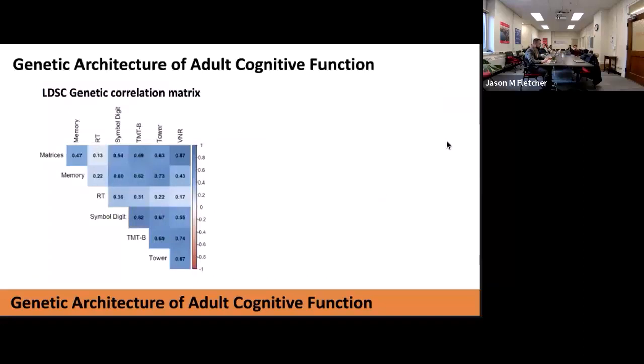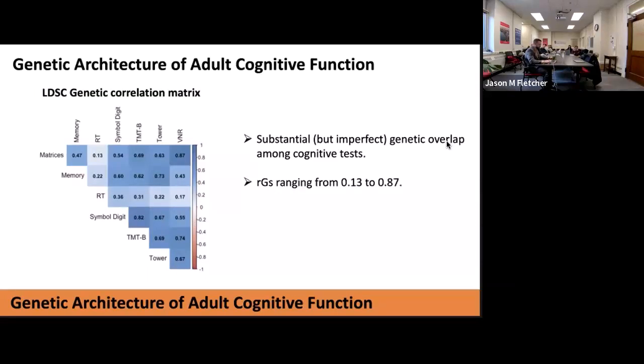Prior to fitting the structural equation models in genomic SEM, we conducted some descriptive analysis of the cognitive traits' genetic correlations based on LD score regression. We found a substantial but imperfect overlap among these cognitive tests, which resembles findings typically found in phenotypic research of cognitive function, with genetic correlations ranging from 0.13 to 0.87.